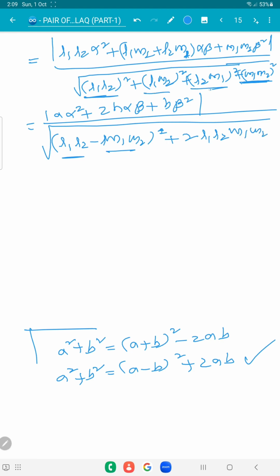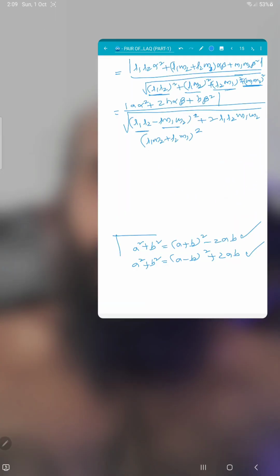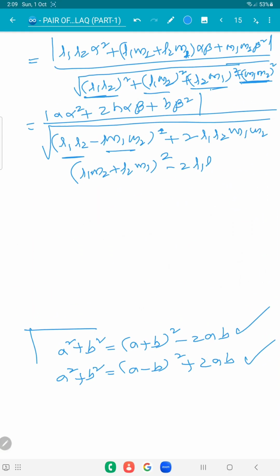Next, for these two terms I am using the first formula, A plus B whole square. So that is (L1 M2 plus L2 M1) whole square minus 2 L1 L2 M1 M2. These two get cancelled.